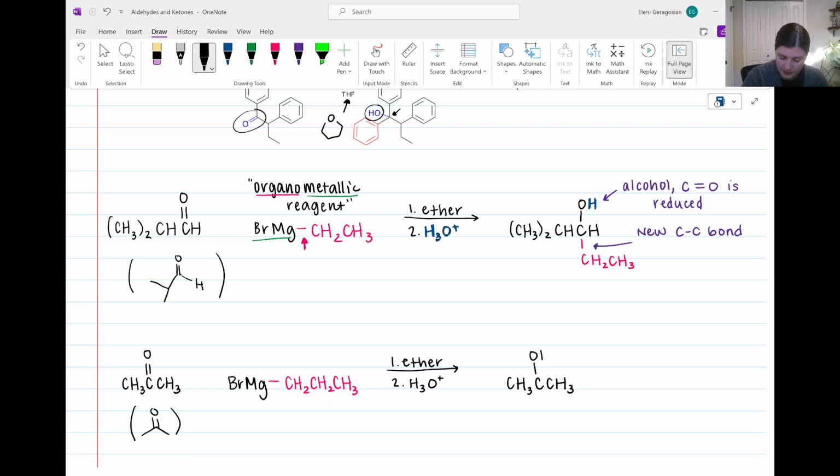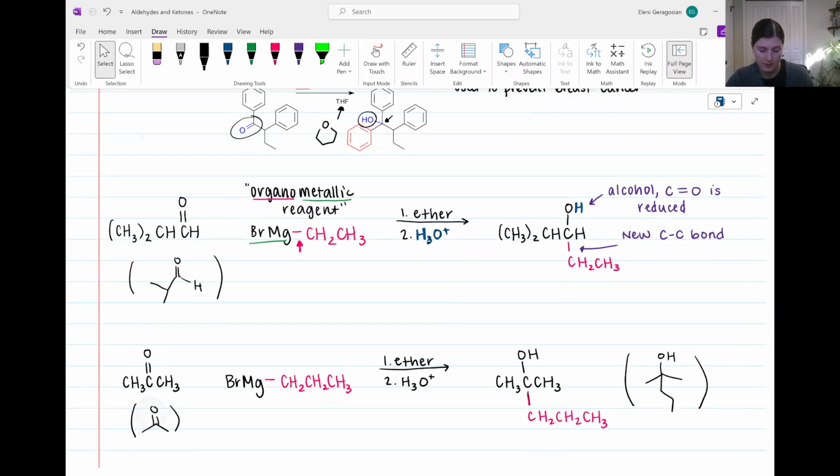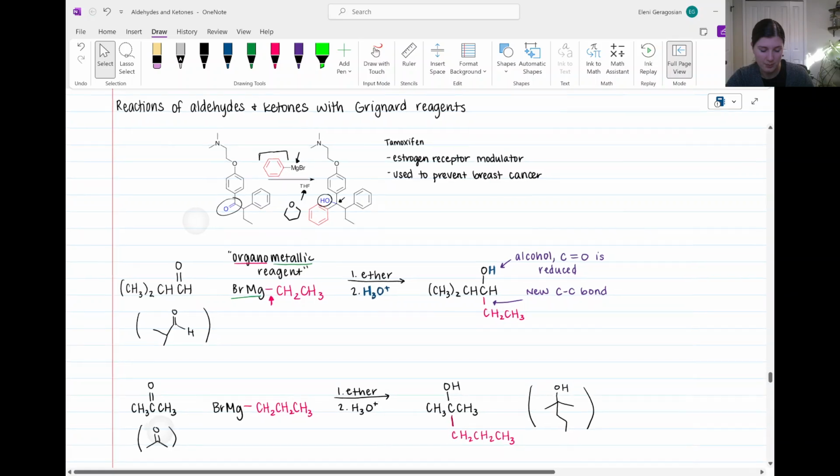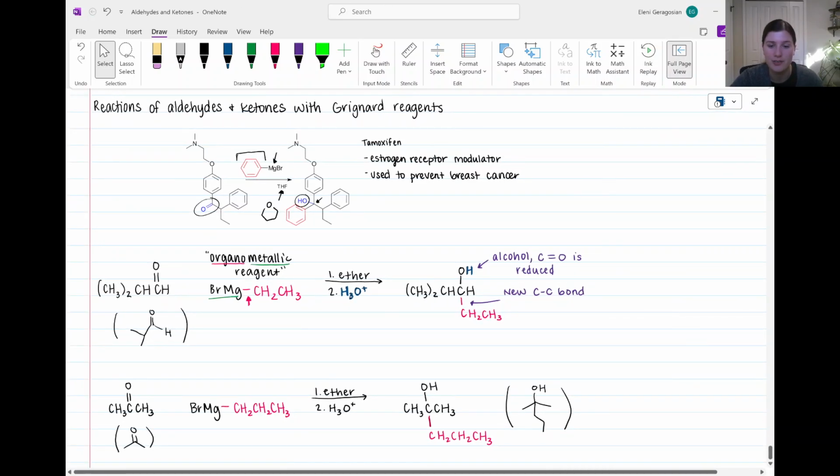The carbonyl oxygen becomes an alcohol group, and the carbonyl carbon is now bonded to the organic part of the organometallic reagent, so a new propyl group. We could draw this as a skeletal structure, just like that. All right, so here are 3 examples of reactions with Grignard reagents.